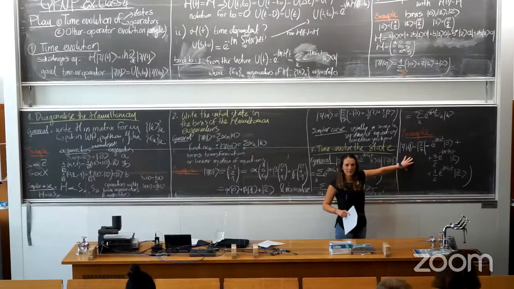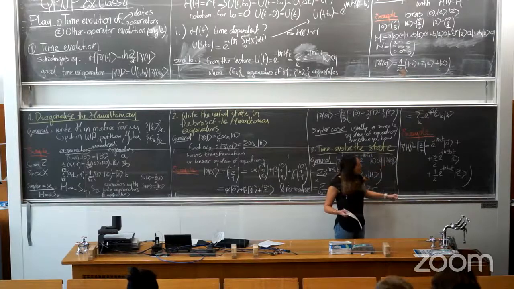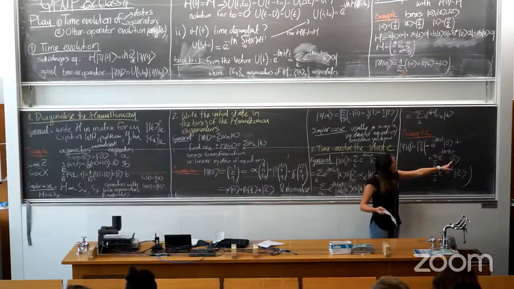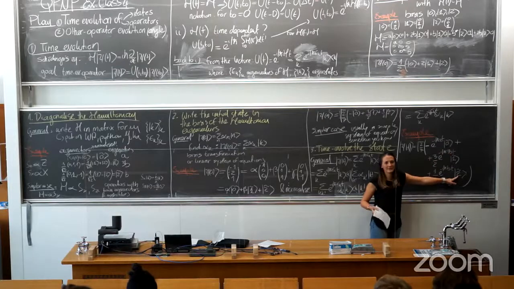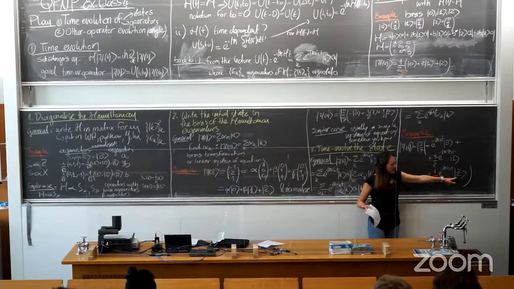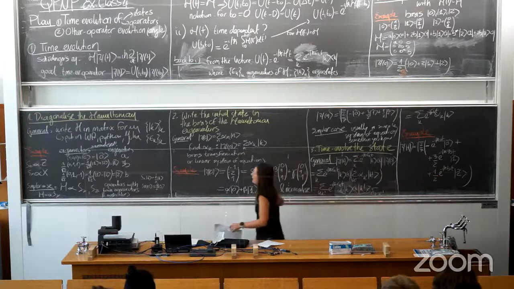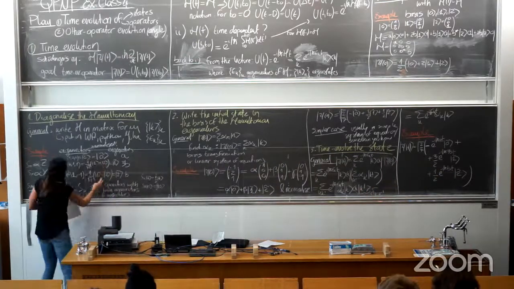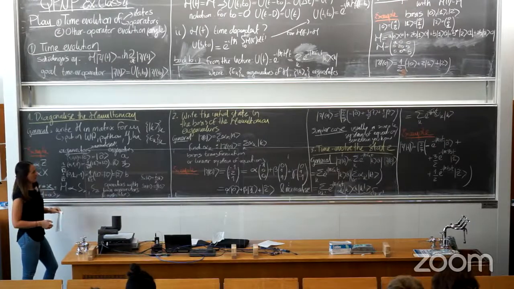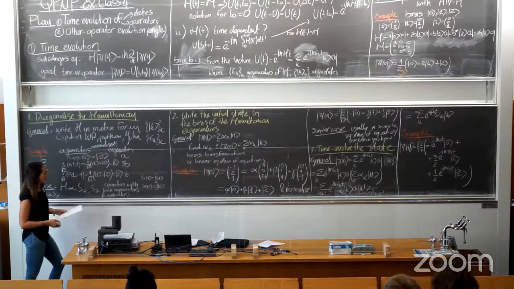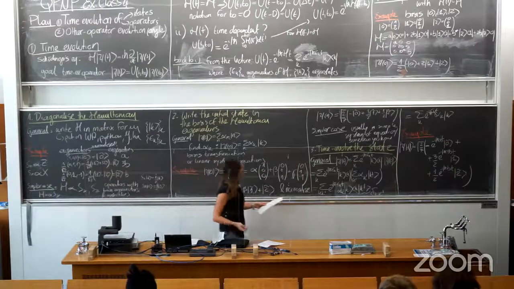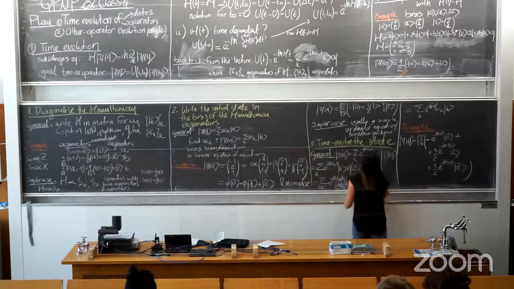What's the fact? Here, this is not the basis we started with. Okay, this is the eigenvector basis, which in this case is a superposition of the two. In some other cases, it is even more complicated. And yeah, so what is a simple case is simple.